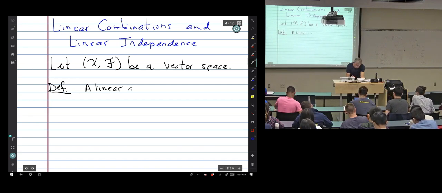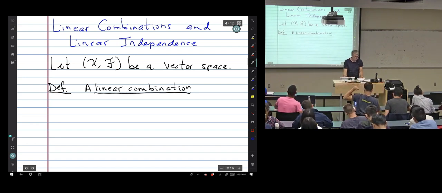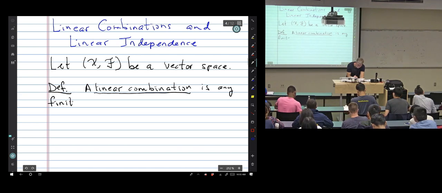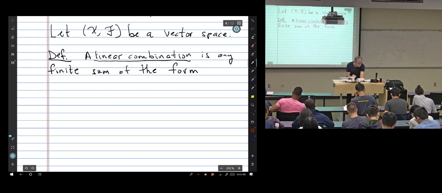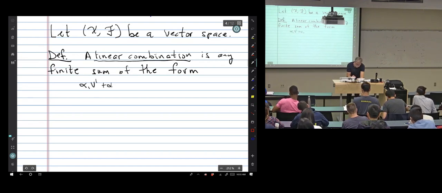A linear combination is any finite sum of the form alpha 1 v1 plus alpha 2 v2 plus alpha n vn.